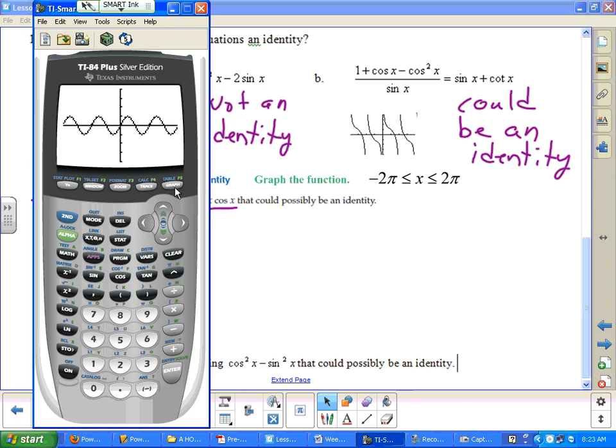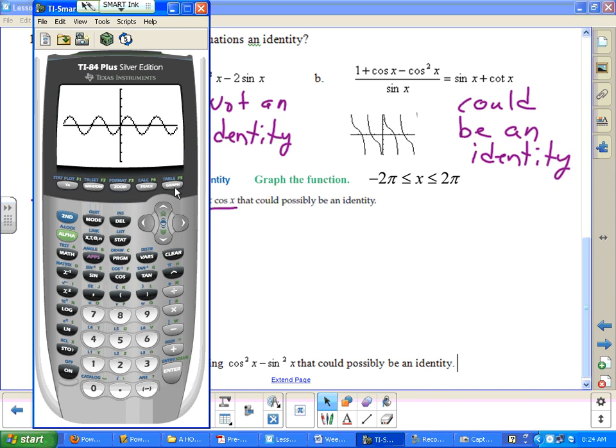What's the amplitude for this graph? Goes up to what? Up to 1 and down to -1, right? And here's our 1, here's -1.